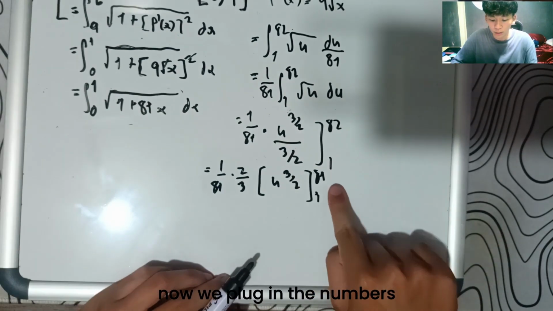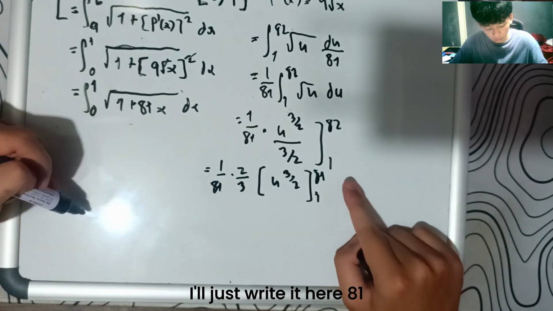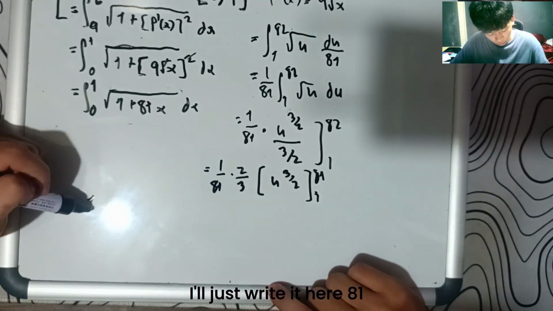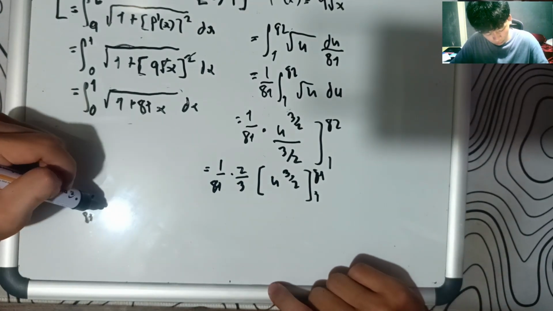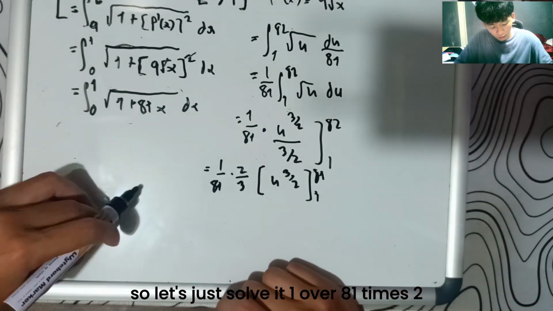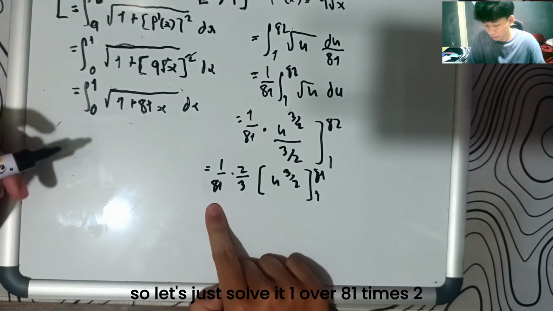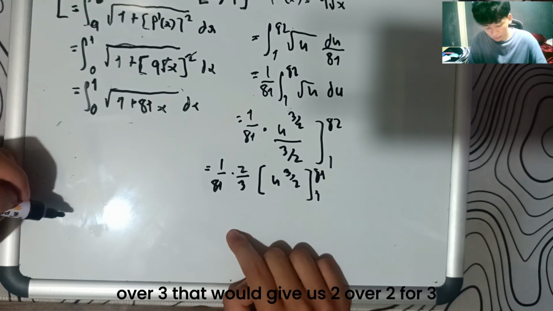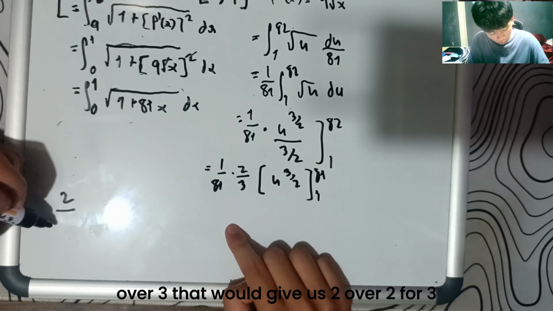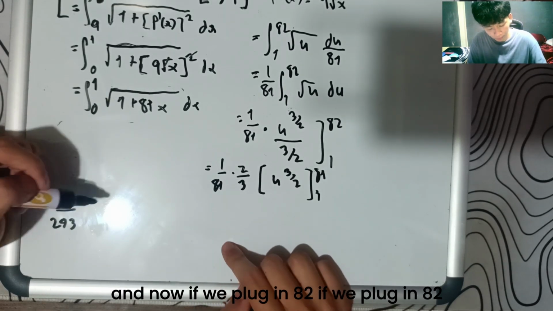Now we plug in the numbers. I'll just write it here, 1 over 81. So let's just solve it. 1 over 81 times 2 over 3 would give us 2 over 243.